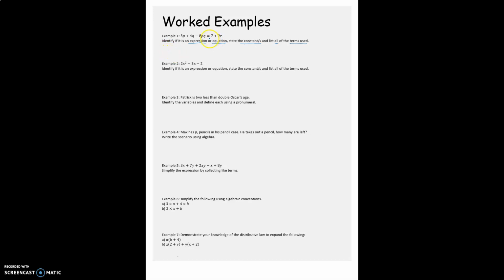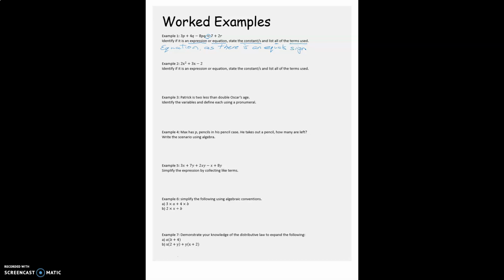So we can see here that there is an equal sign. So that allows us to identify that this is actually an equation. So if I write an equation, as there is an equal sign, I've got my justification.